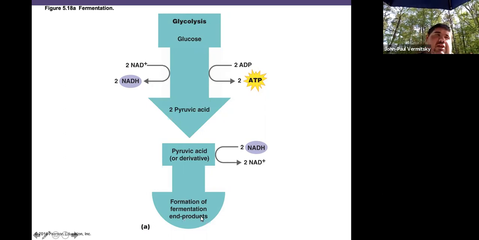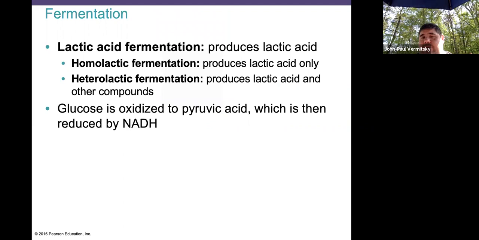The fermentation end product will either be an acid or an alcohol. Now, there are different types of fermentation, and the reason depends on what enzyme is present in the cell to essentially break down pyruvic acid and take those electrons.